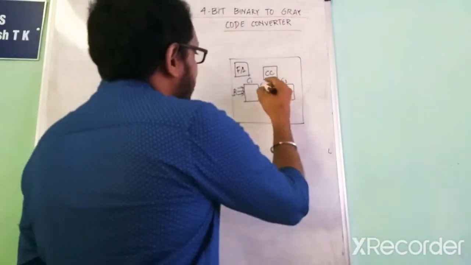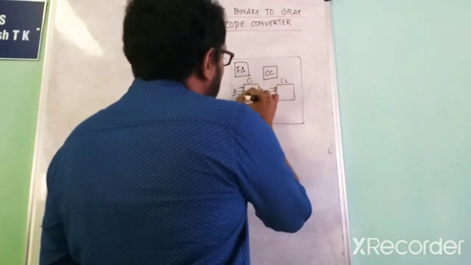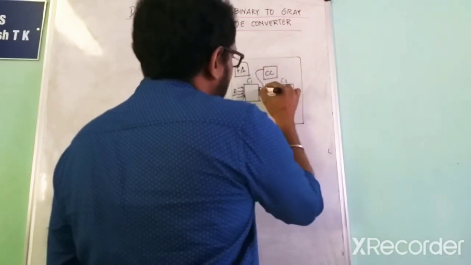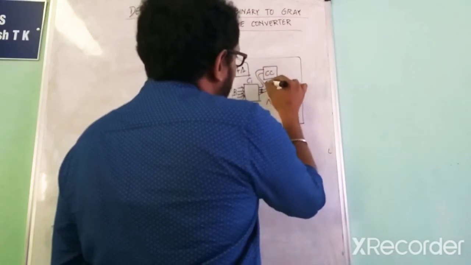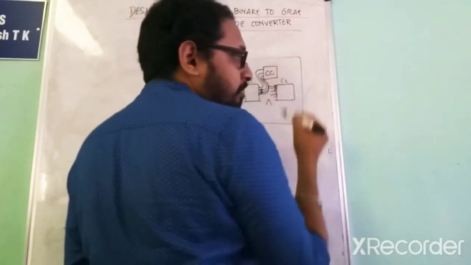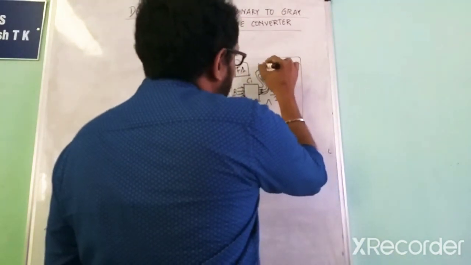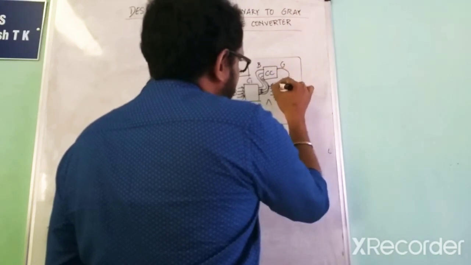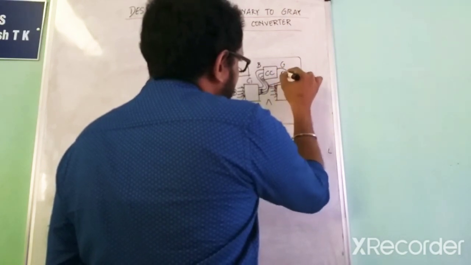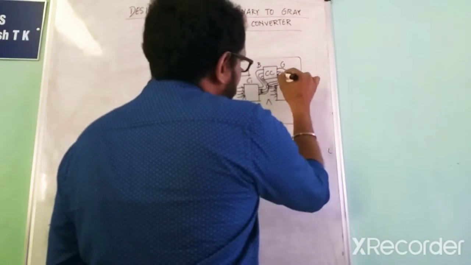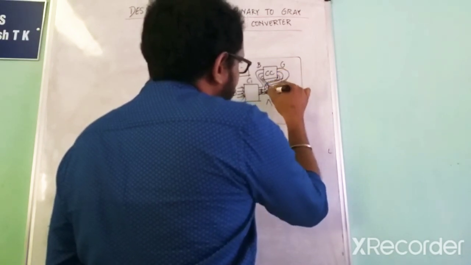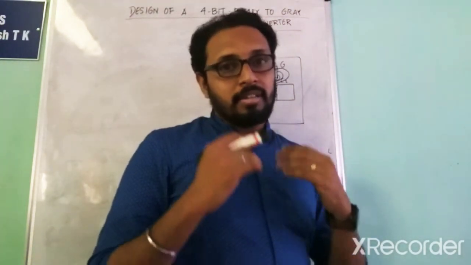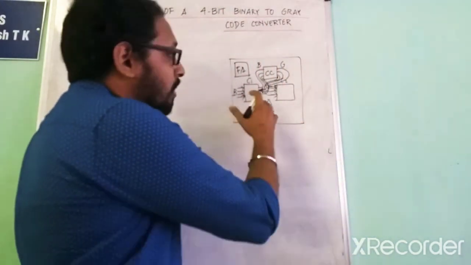So if there are 4 binary inputs, there will be 4 outputs. These 4 inputs are given to the code converter, and the code converter converts the binary to gray. This is not the actual figure that we need to follow; the design will be explained next.